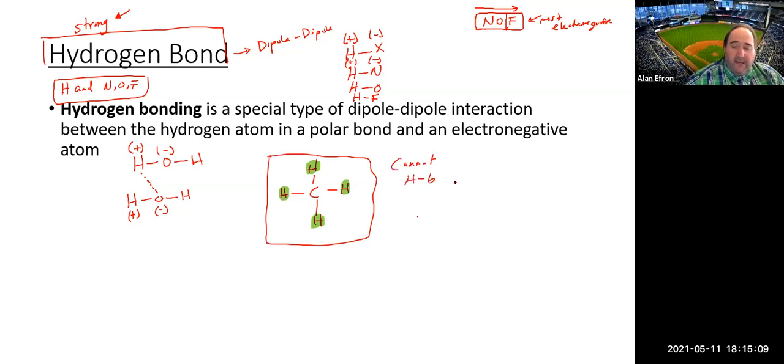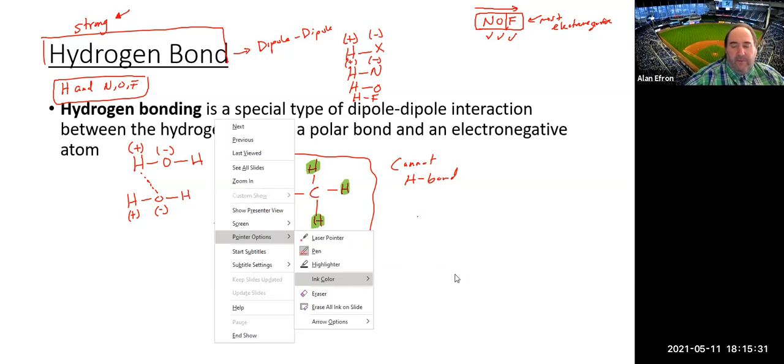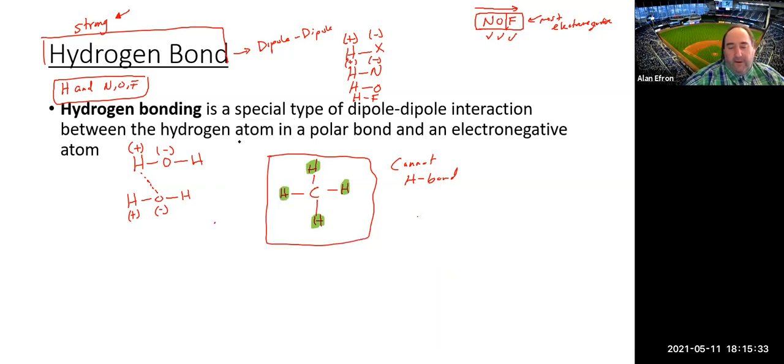Even though it's got a ton of hydrogens, the problem here is, first off, that hydrogen is not bound to a nitrogen, oxygen, or fluorine, which is necessary to create that separation of charge, that positive side and negative side. It's actually bound here to carbon, which is just to the left of nitrogen. And although it may not seem like a big difference, if you remember our electronegativity values, this guy is like 2.5, this guy is like 2.1.